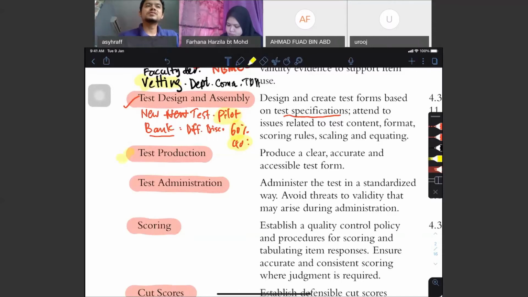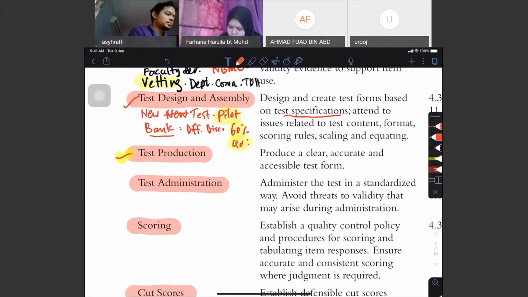Okay, so test production. Test production is where we compile the questions which are already vetted, already cleared all the hurdles.